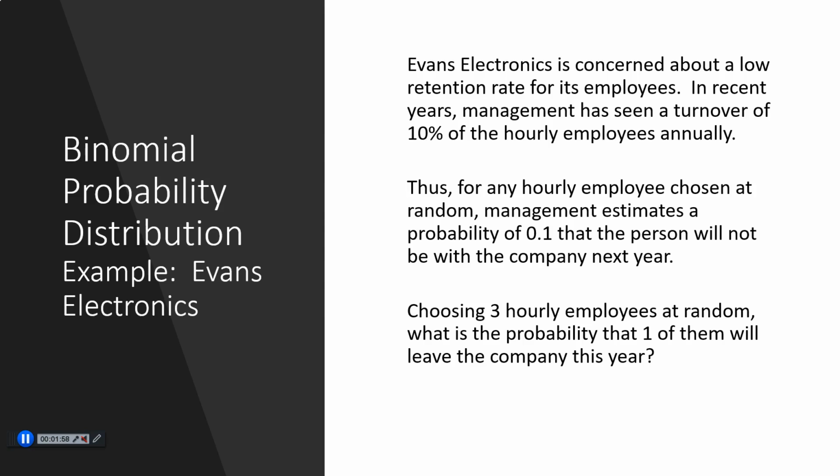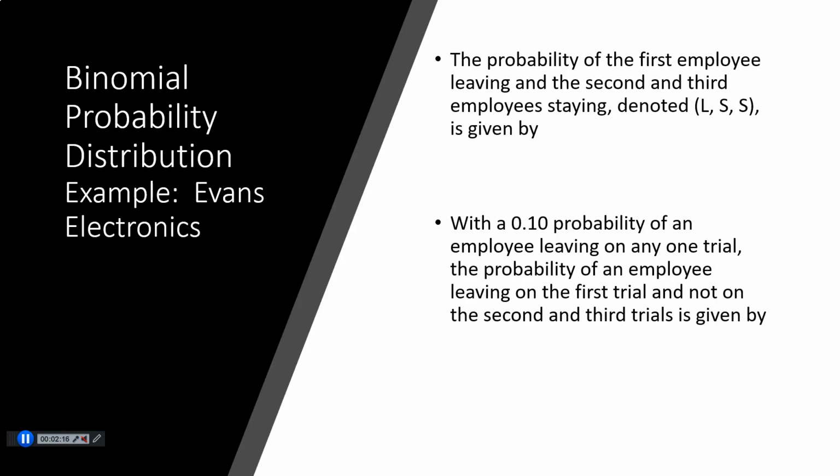So let's look at an example. So here we have Evans Electronics. They expect that 10% of their hourly employees will leave every year. So if we pick 3 hourly employees at random, what's the probability that one of them is not going to be with us next year? So we have one outcome where we have leave, stay, stay.